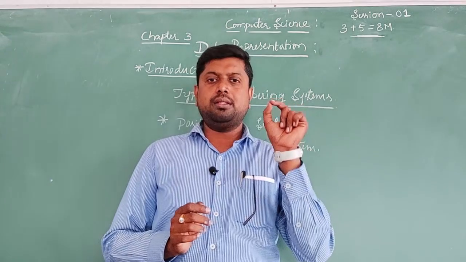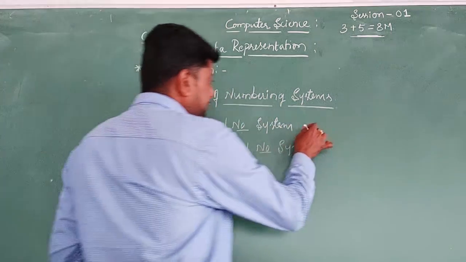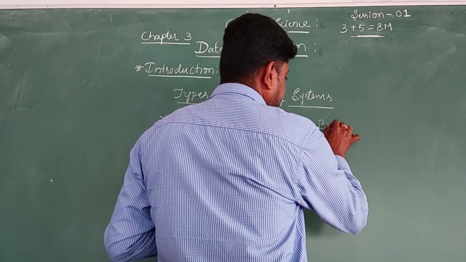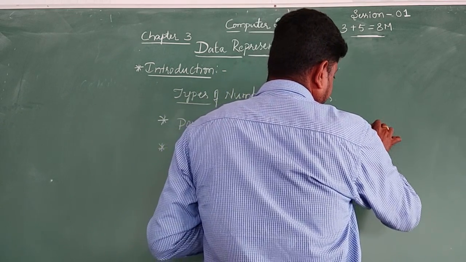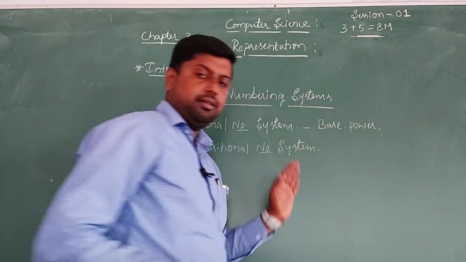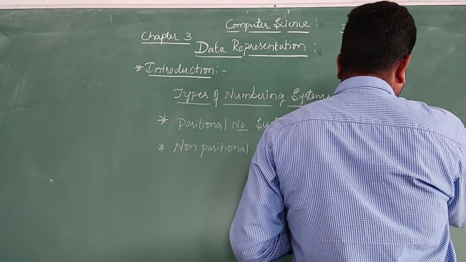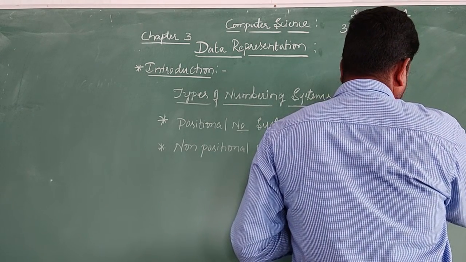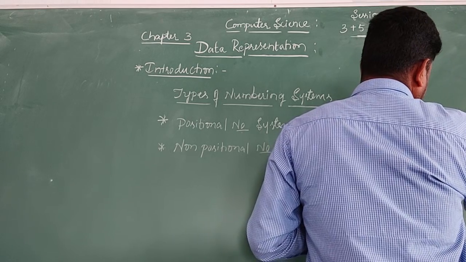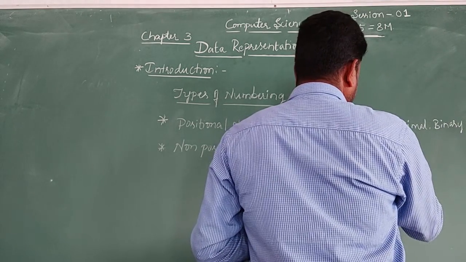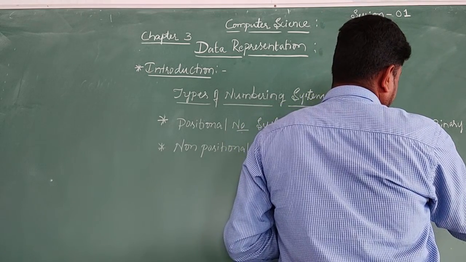See, the positional numbering system has its base and power values. The examples for the positional numbering system are decimal, binary, octal and hexadecimal.